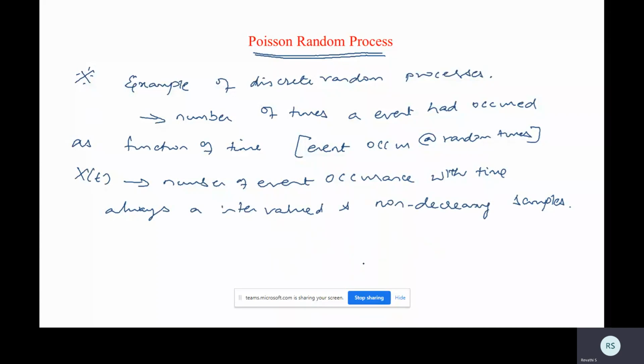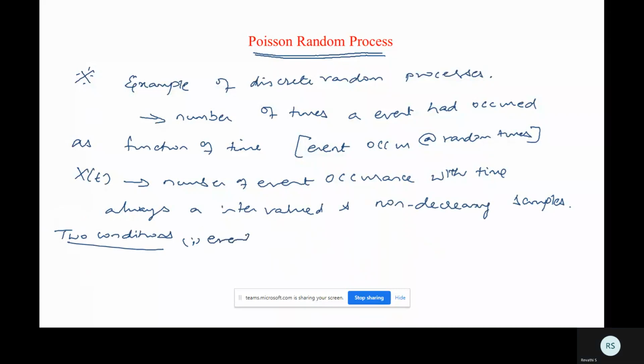Okay, and so one important thing about Poisson random processes is that two conditions are important. So what are the two conditions? Okay, first condition, you can make a note. The first condition is that in any vanishingly small interval of time, in the sense of a very, very small interval of time, only one event should have occurred.